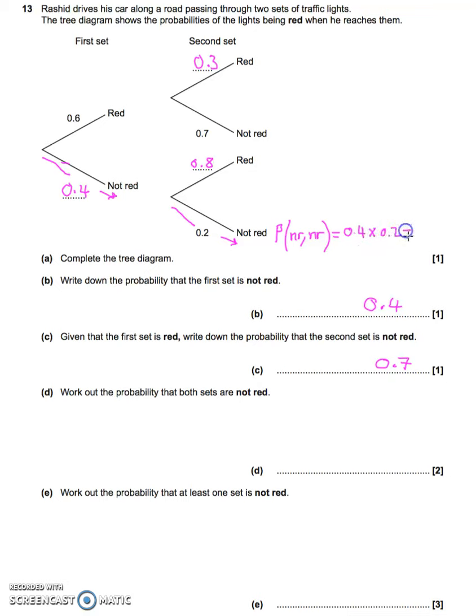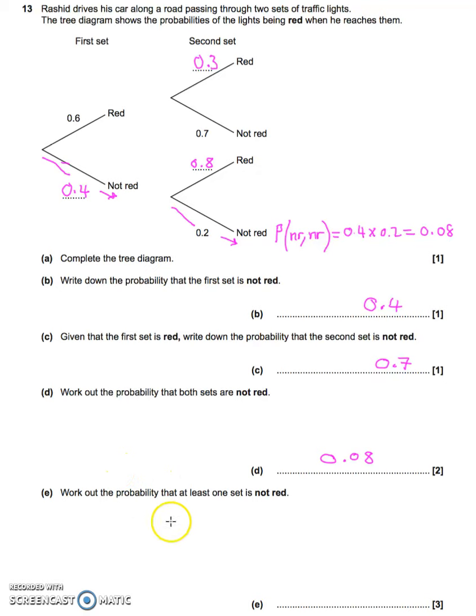Now that equals 0.08. If you want to get your calculator out and do that, that's absolutely fine, but 4 times 2 is 8 and then divide by 100, nice and simple. So answer to that question, 0.08. You could do the working out in this space here, but it's nice to do it next to the strands on the probability tree, and we've got room to do so.